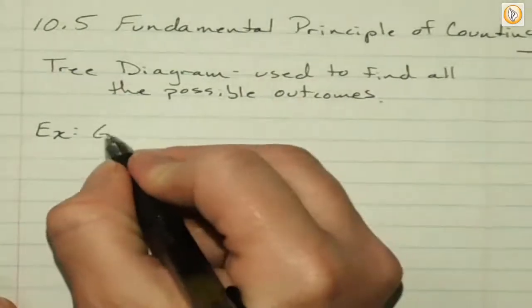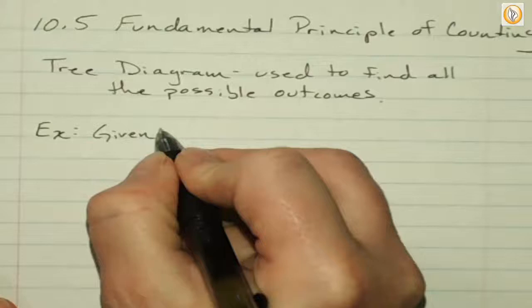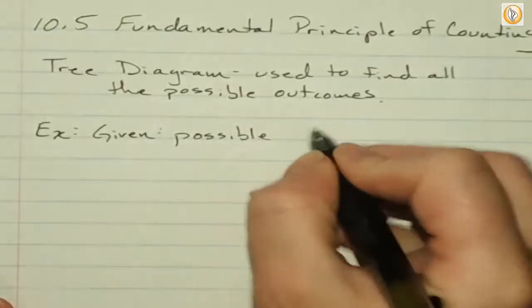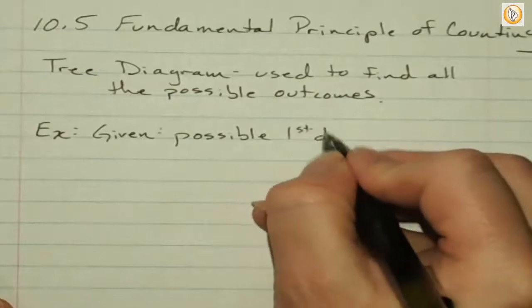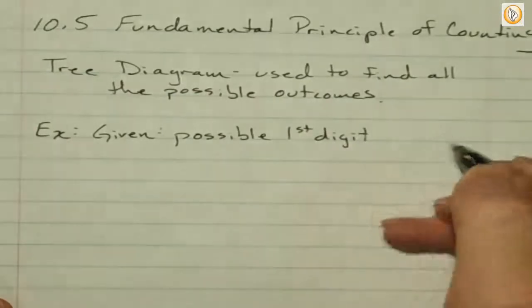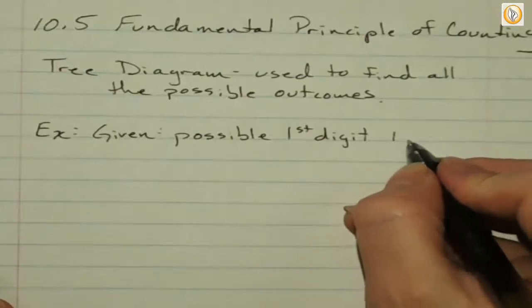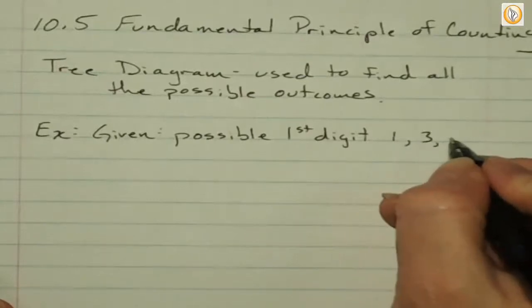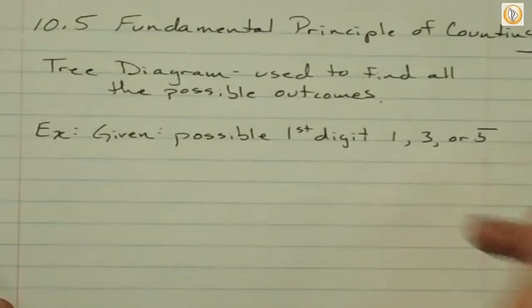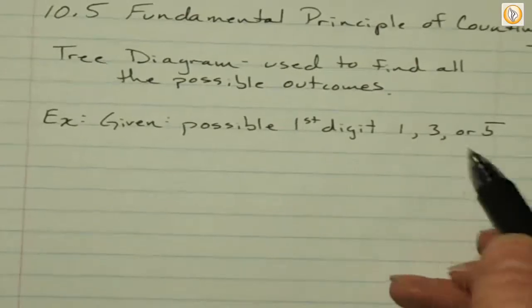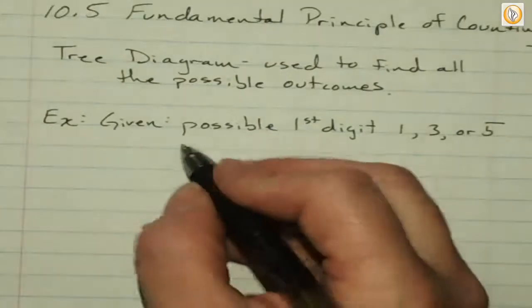Let's say you're given a possible first digit number: 1, 3, or 5. So the first possible digit of a number can be either 1, 3, or 5.